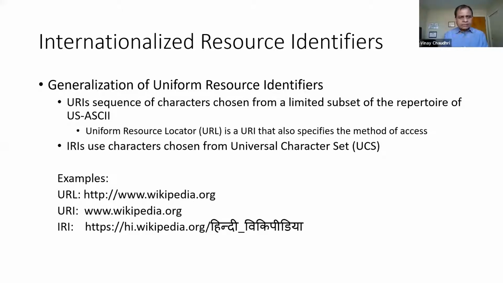So it's the same thing stated in a little bit more detail. We can think of IRIs as a generalization of uniform resource identifiers, URIs limited to US ASCII, whereas in IRI we use the universal character set.